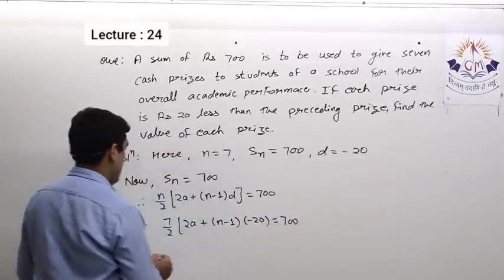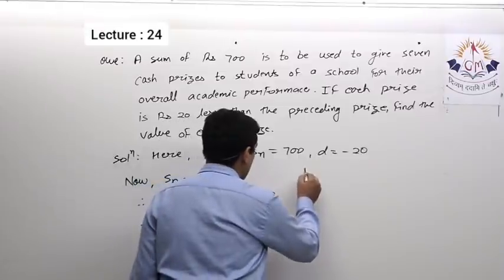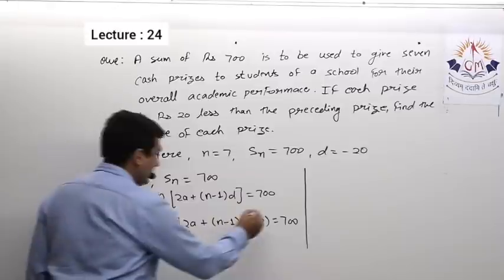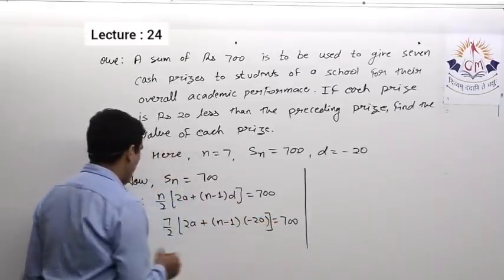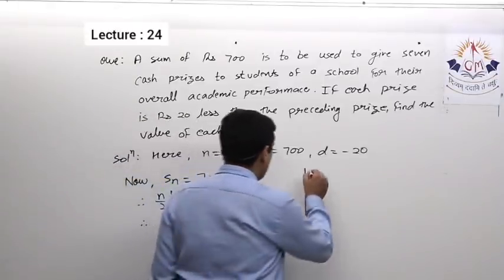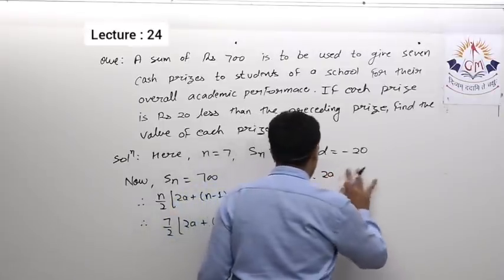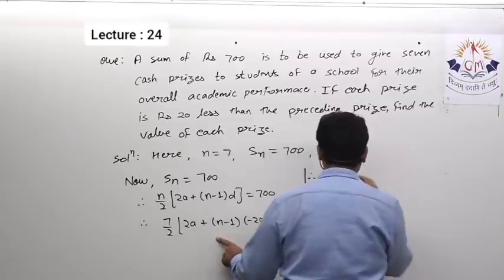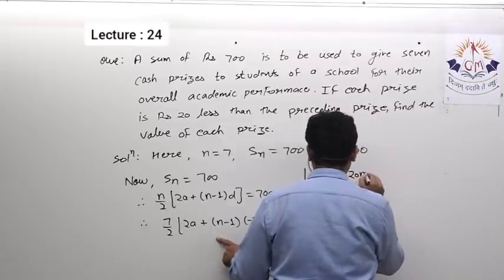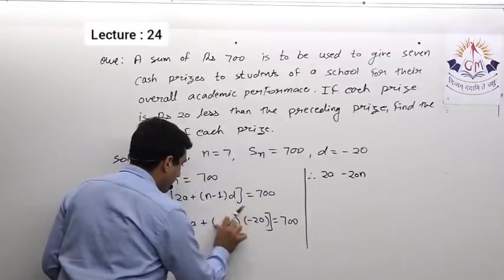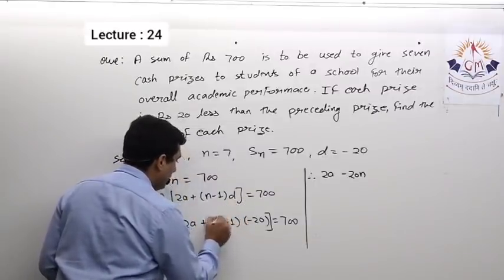Okay, so let us see how to solve it further. Now this 7 I can take to the other side. So this will become 2A plus, if I multiply, minus 20 into N minus 1. Here N is 7, so I keep N equal to 7.